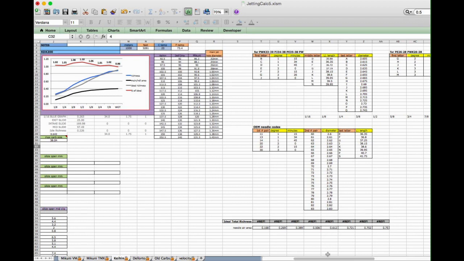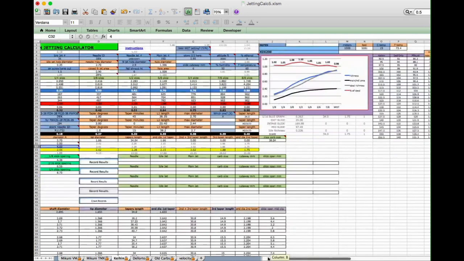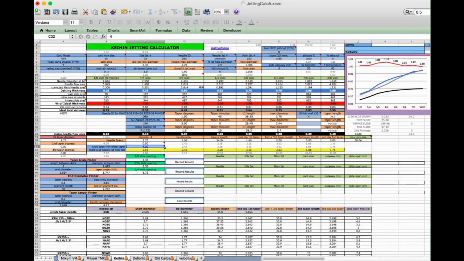So this is very important. This has to be long enough for the carb that you're using, and this is very important. I'm going to show you why. This percentage right here should always be around 30%.